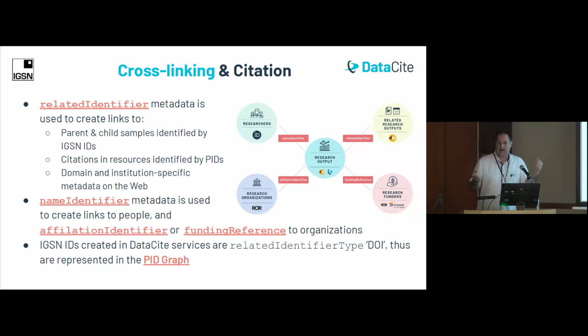That includes ORCIDs, and affiliation or funding references to link to organizations through ROR. So this means that IGSN IDs, because they're created in DataCite services with a related identifier type DOI, are part of the PID graph, and their relationships with other things with PIDs are all now in the PID graph.